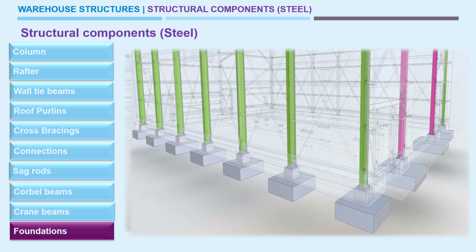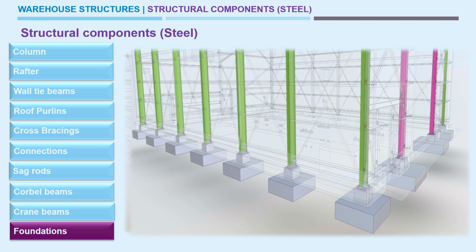So these are isolated foundations for the complete building, placed below the columns. In this picture you can see the green color main columns which run along the span of the building.